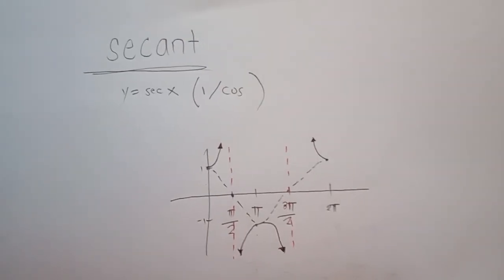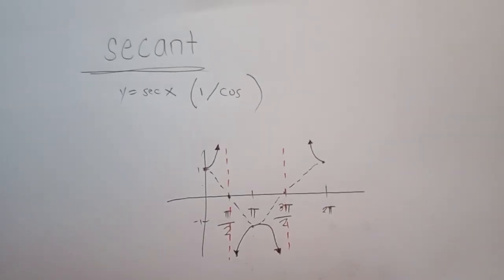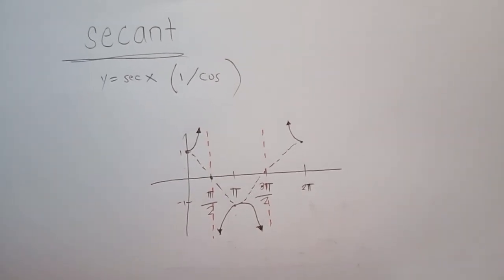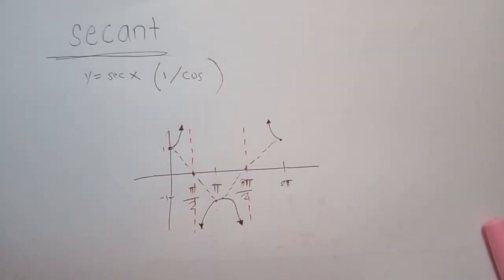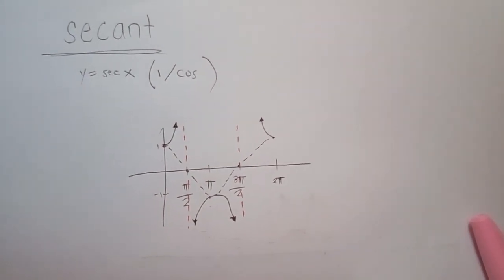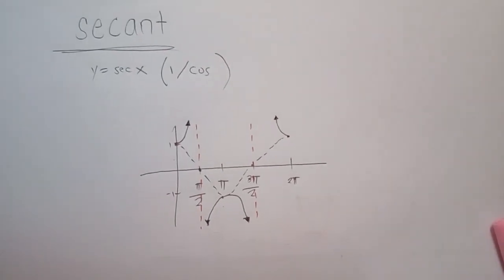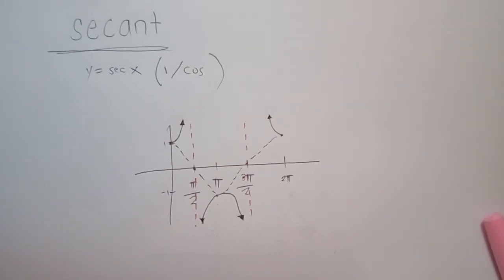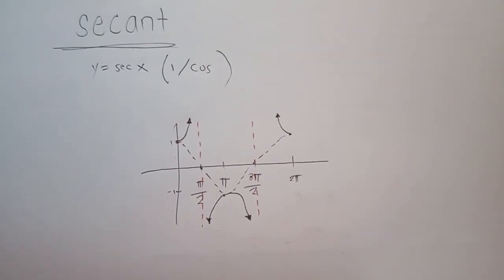Now we graph secant. Secant is 1 over cosine. Let's begin by graphing the cosine function first, then we can graph secant. We know the period is going to be 2 pi, and the range is negative 1 to 1 since the amplitude of cosine is 1.